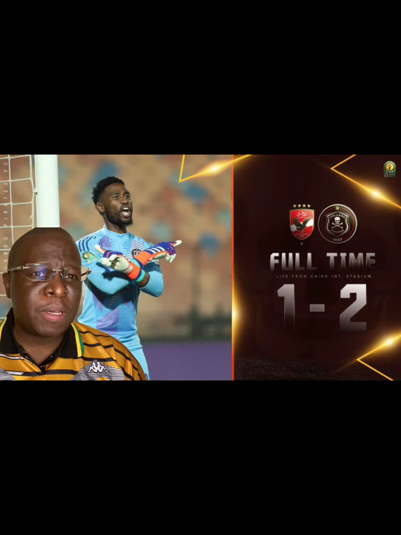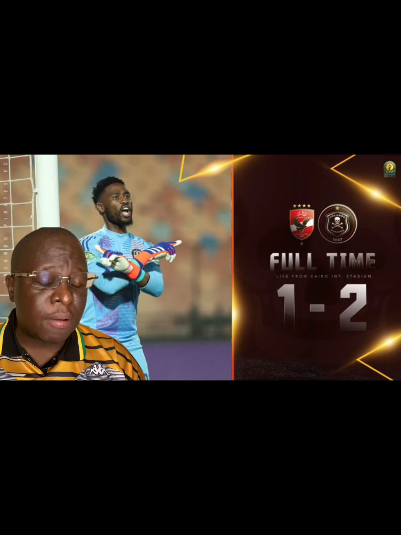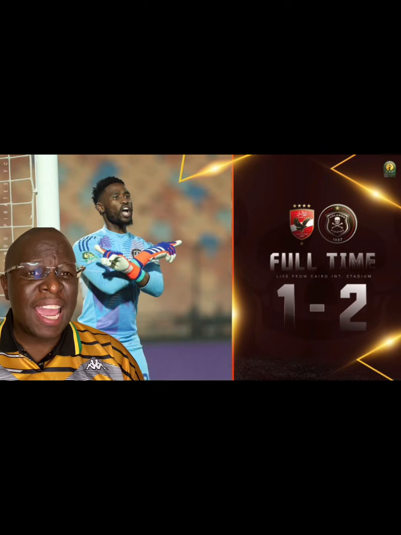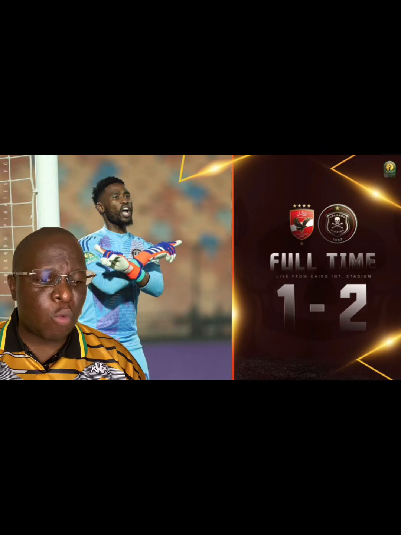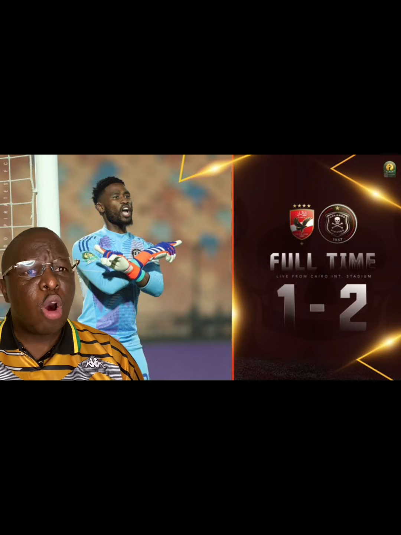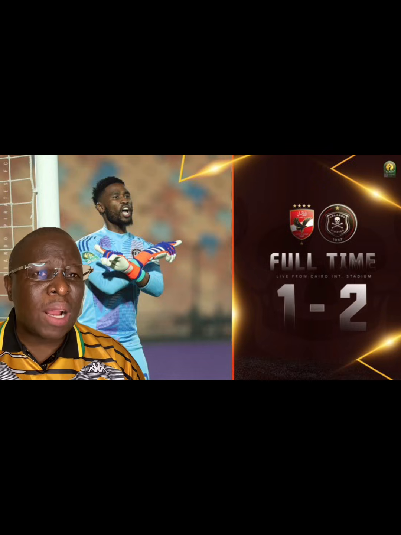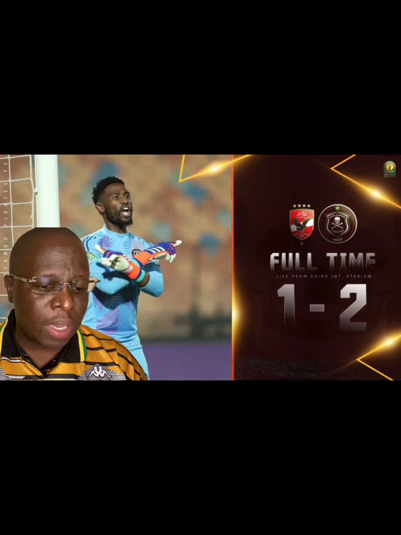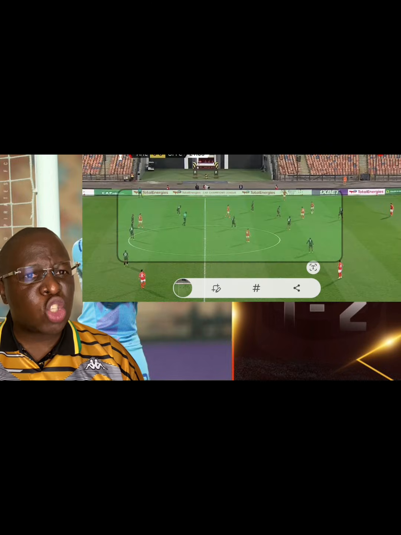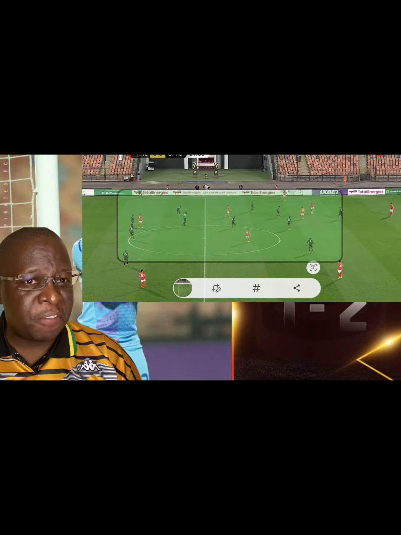The other aspect that was very interesting for me in the first half was Hoto. I then understood after the first half why Hoto was being played, because of his tactical discipline and what he needed to do for Orlando Pirates. For me, it was very interesting what he was doing out of position, because he was dropping more into midfield, right?